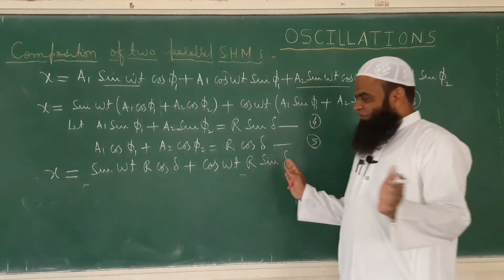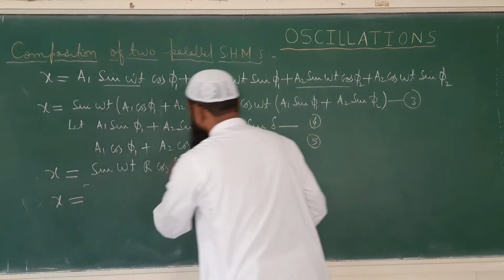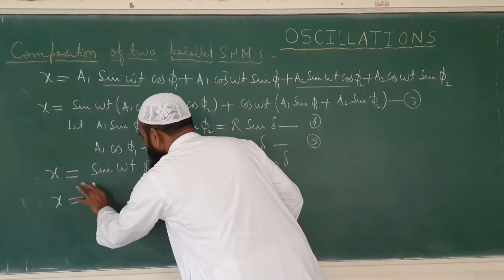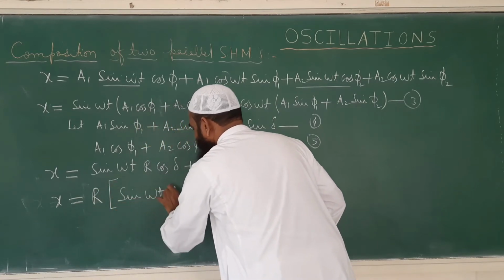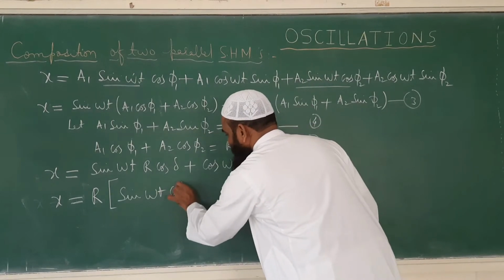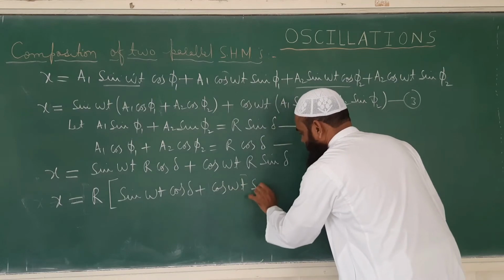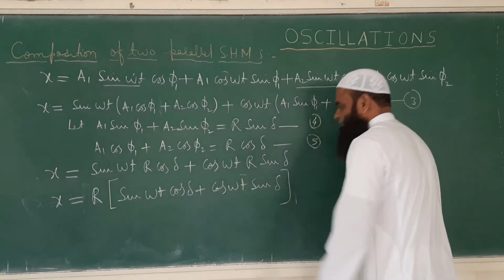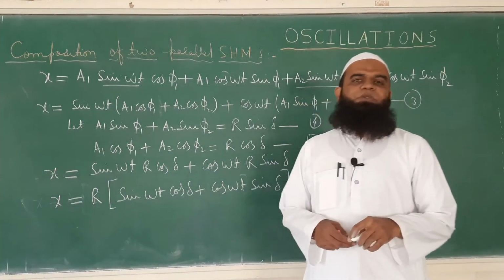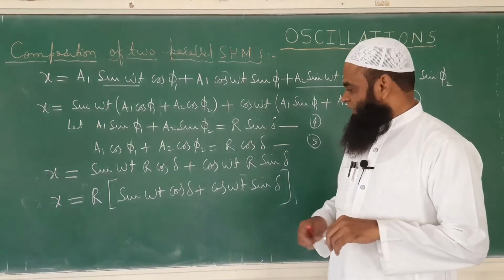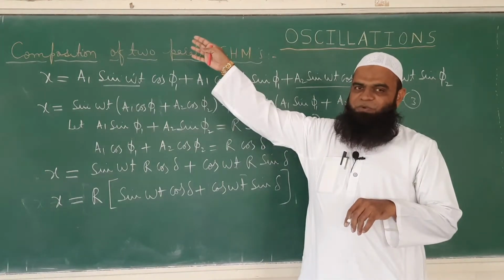Now we can further reduce this equation. So x is equal to, as R is common in both the terms, R outside the bracket, sin omega t cos delta plus cos omega t sin delta. For further simplification, again we can use that trigonometric relation which we used for expanding equations 1 and 2.